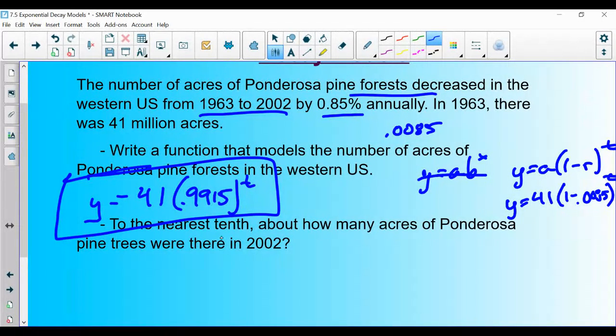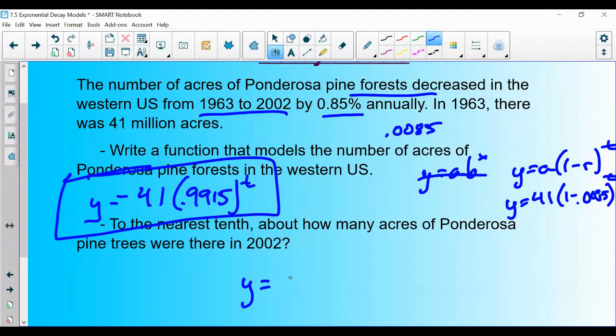Now we need to figure out how many acres there are going to be in 2002. So we are going to plug in whatever 2002 minus 1963 is, because that'll tell us how many years it's been. 2002 minus 1963 would be 39 years. So I'm going to plug in 39 for t.